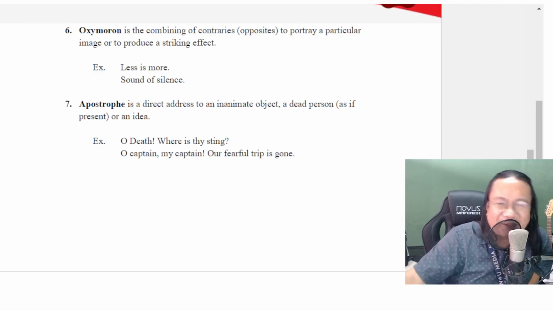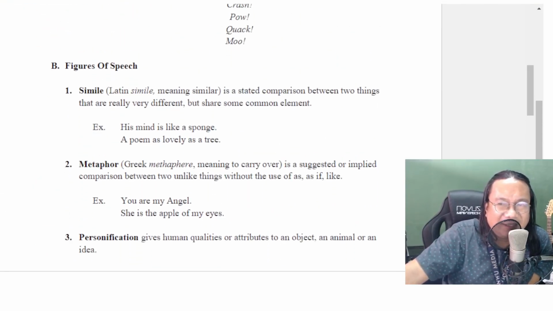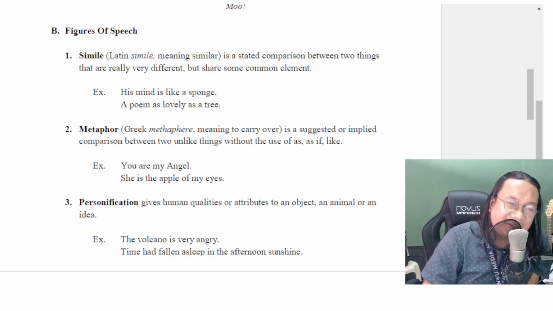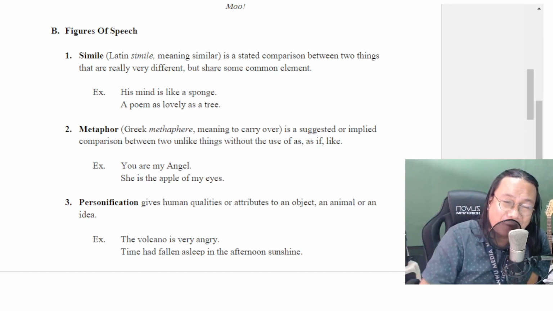So these figures of speech, class, these are what we call pampabulaklak. It makes your compositions, your poems flowery, and you can employ this in the assignments that I will be giving you. You are gonna make your poem.